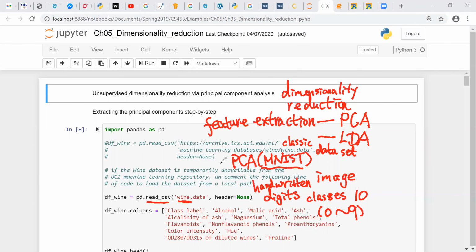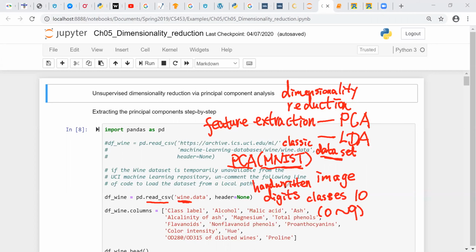So right now, what we are discussing is about the last two classes, where we discussed the MNIST data set, and we applied PCA on the MNIST data set.